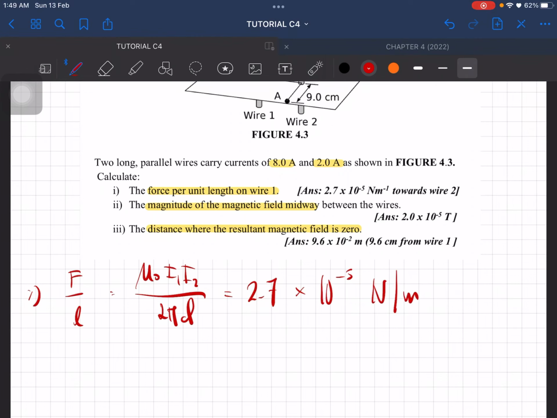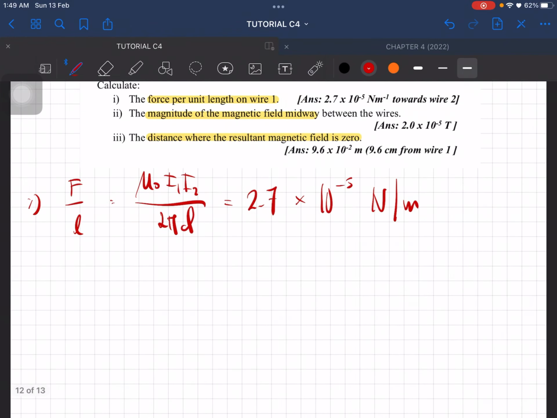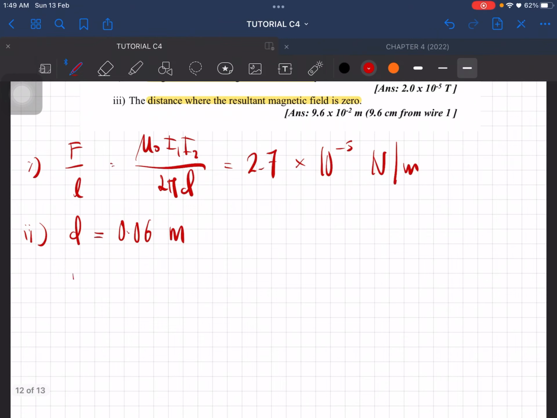Now question 2, Roman 2, the magnitude of the magnetic field midway. Since it asks midway between the wires, d would be equal to 0.06 meter. The equation that we will be using is for straight wires, so 2 pi r.